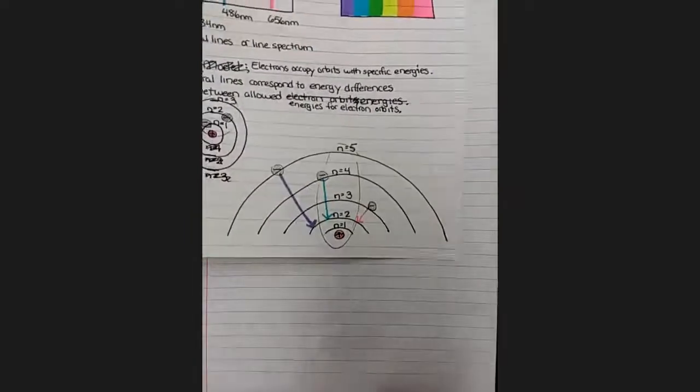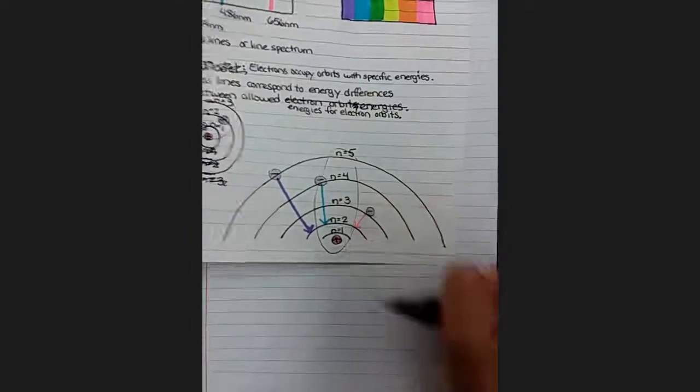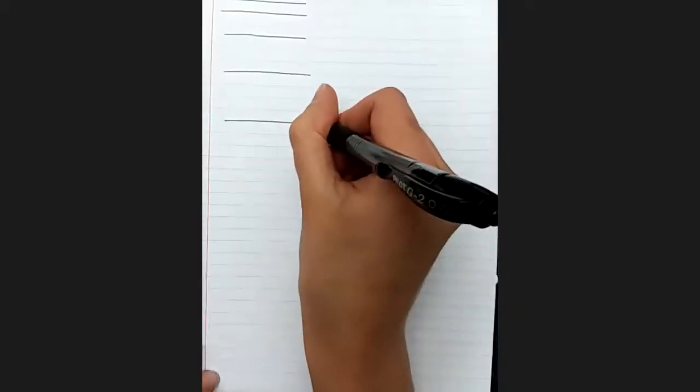Okay, so let's zoom in even a little farther. And let's zoom in just on this part right here. So we can sort of draw it as a line because we're zooming in so close. So here's n equals 1.